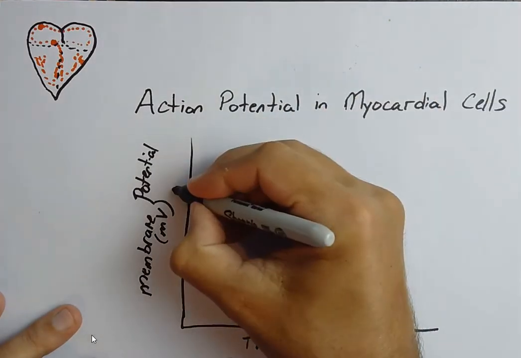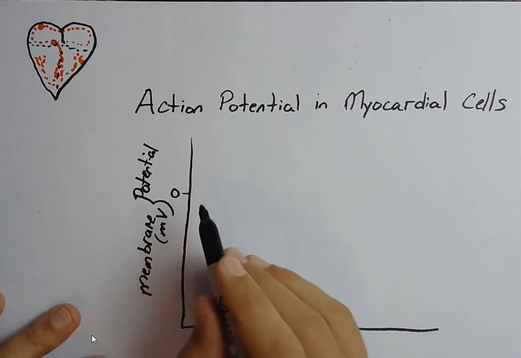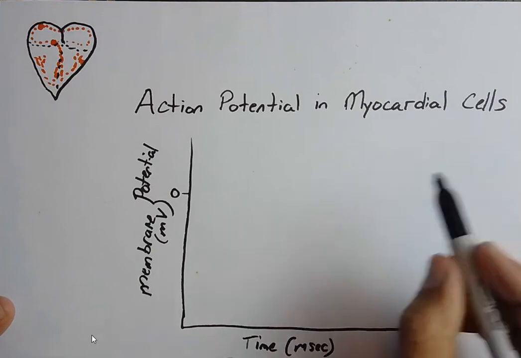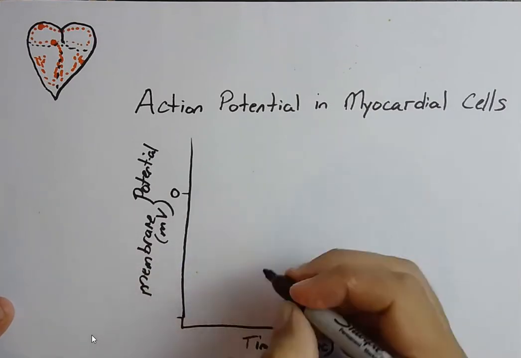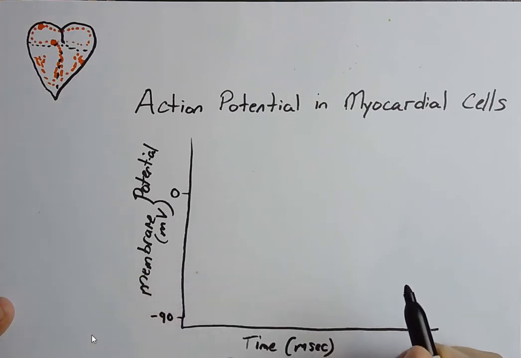And I always start by writing 0 on my y-axis, because if the charges inside of the cell and outside of the cell were the same, there would be no electrical gradient, therefore there'd be no membrane potential. And here in myocardial cells, the resting membrane potential is way down here at negative 90 millivolts.